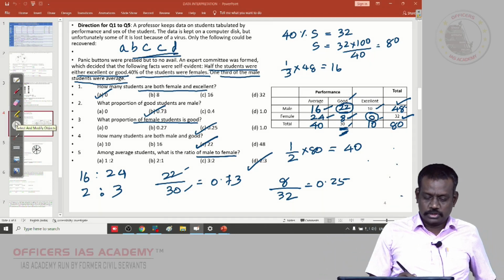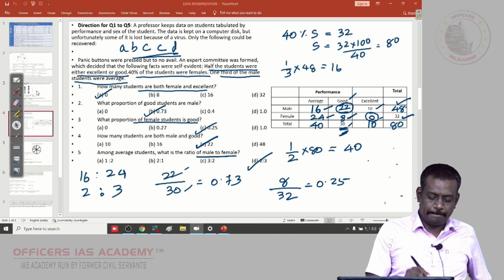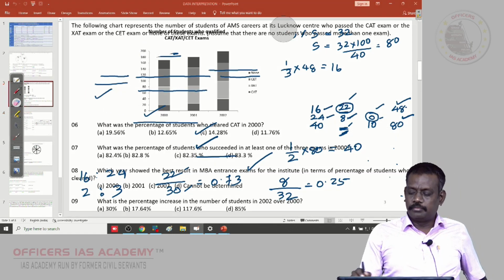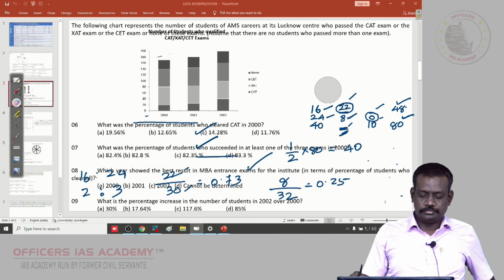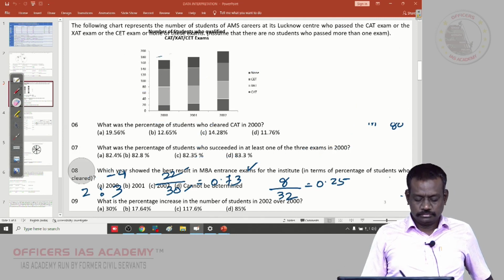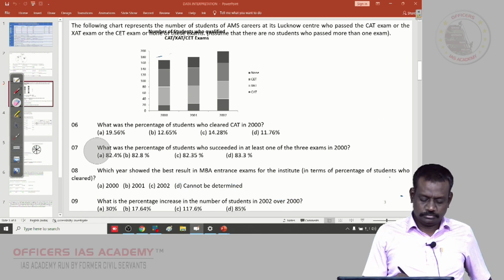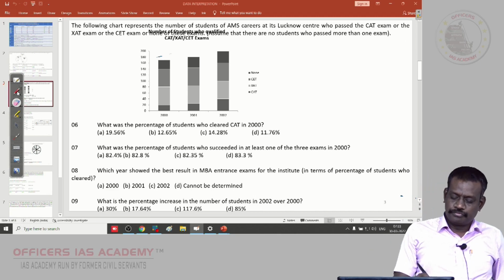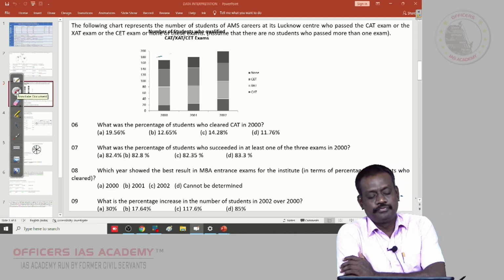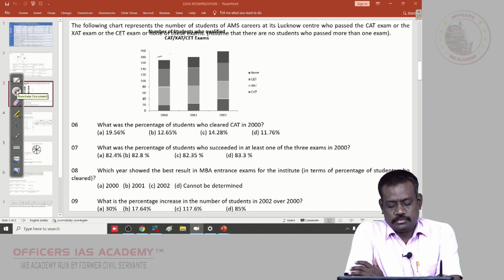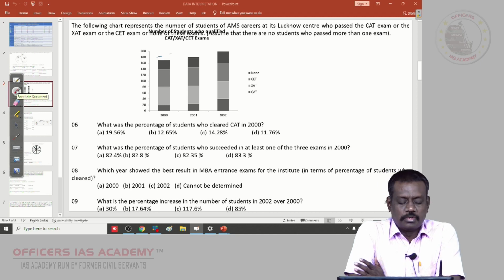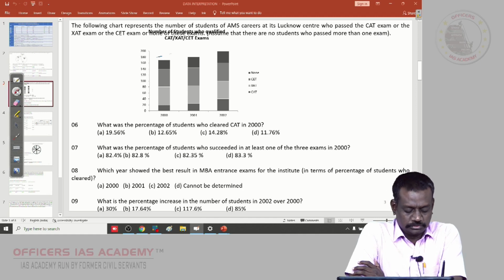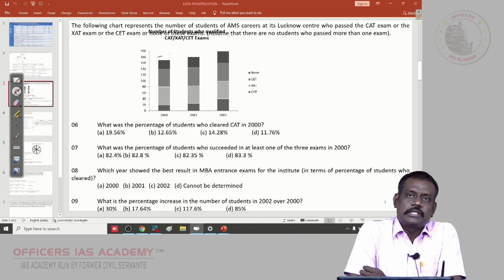So now we'll move on to the next problem. It's a very simple question from the bar chart. So please solve this problem, children. So this bar chart problems also will be very easy comparatively. So here only the case-led problems.